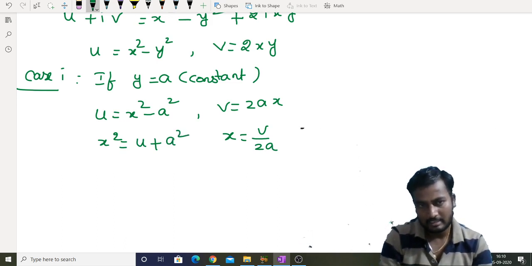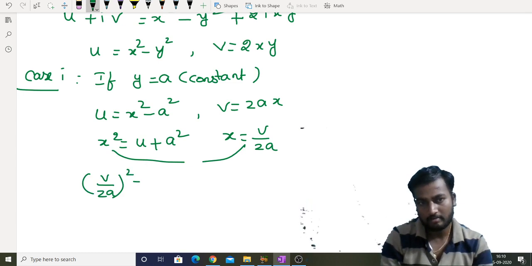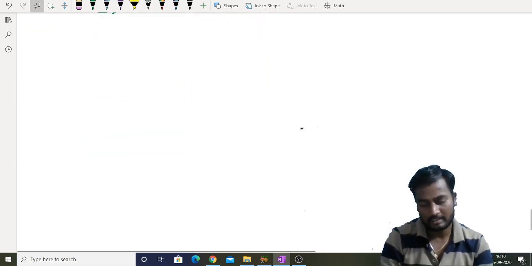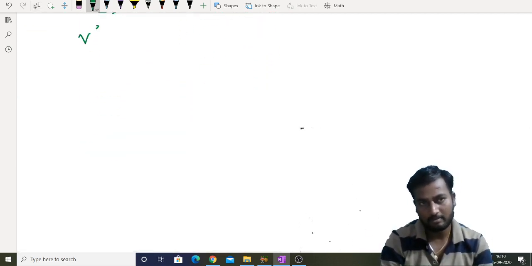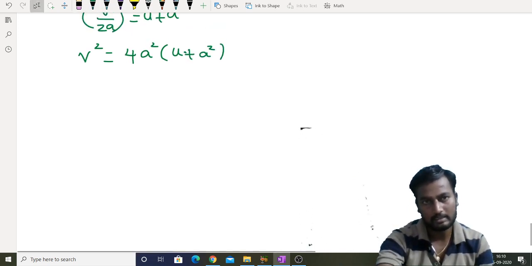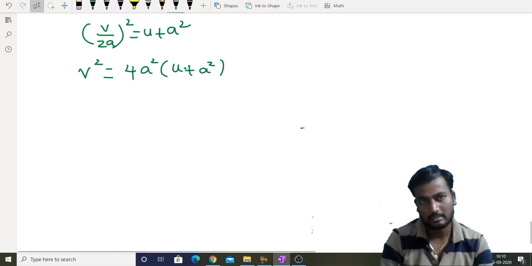Then you replace this x: v by 2a whole square equal to u plus a square. Then v square equals 4a square into u plus a square, right? Is it clear?